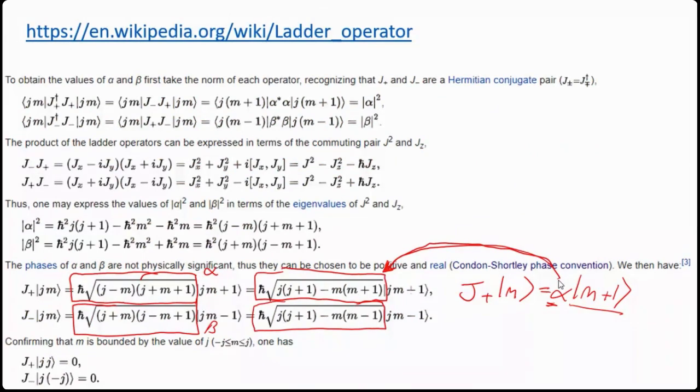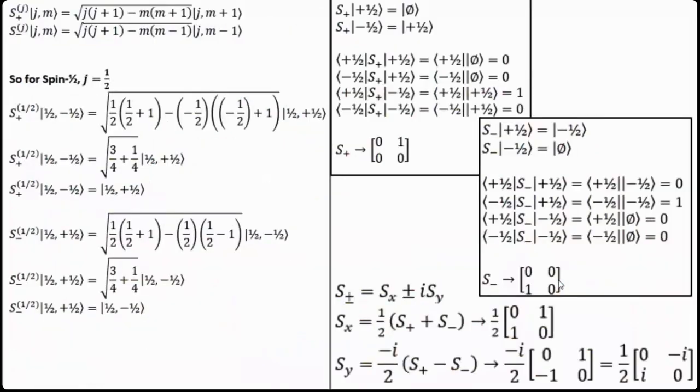So I chose to do this for spin 1/2, so j equals 1/2, and I think you can show that the S plus literally just gives you +1 as the coefficient, as your alpha, and the S minus I think also gives you +1. So in the case of spin 1/2, they end up being just 1s, which is very easy.